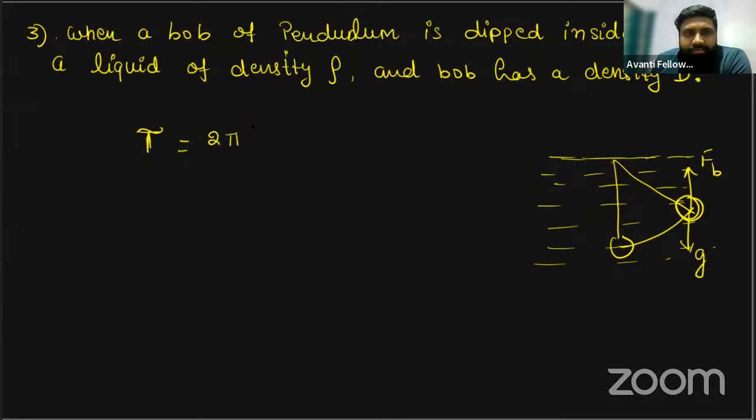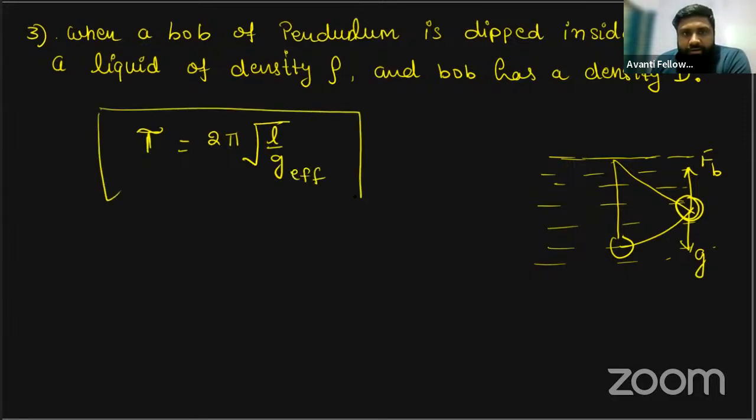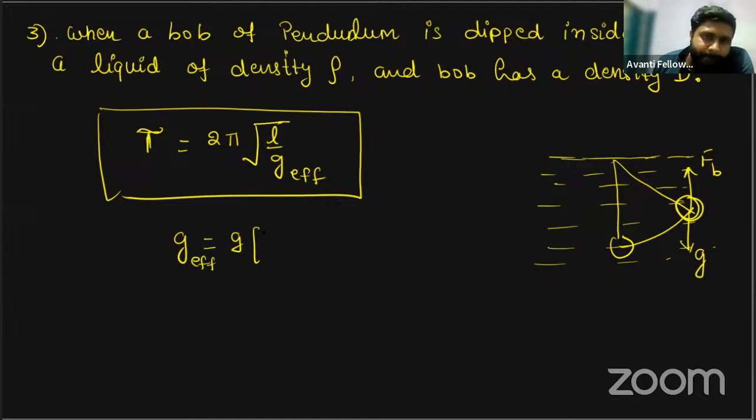So time period initially was given by 2 pi root of L upon g. But in this case, g is not itself g. g becomes g effective. And now how to calculate this g effective? So g effective is g into, sorry, this is g upon n, you can say initially.